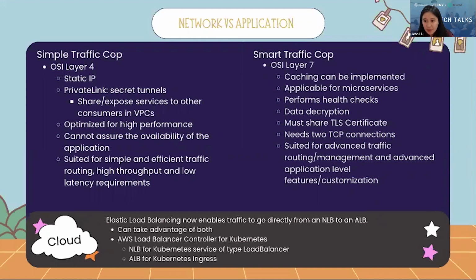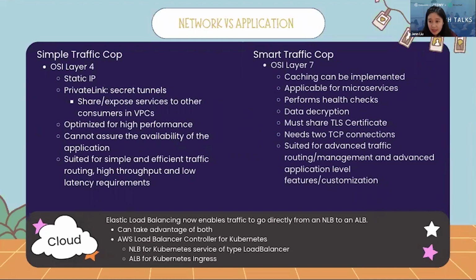Layer 4 gives a permanent IP address within each availability zone. However, it does not ensure the availability of the application. This is because it solely bases its decisions on network and TCP layer variables and has no awareness of the application at all. So when you're using layer 4, it's most suitable for simple and efficient traffic routing due to its high throughput and low latency requirements.